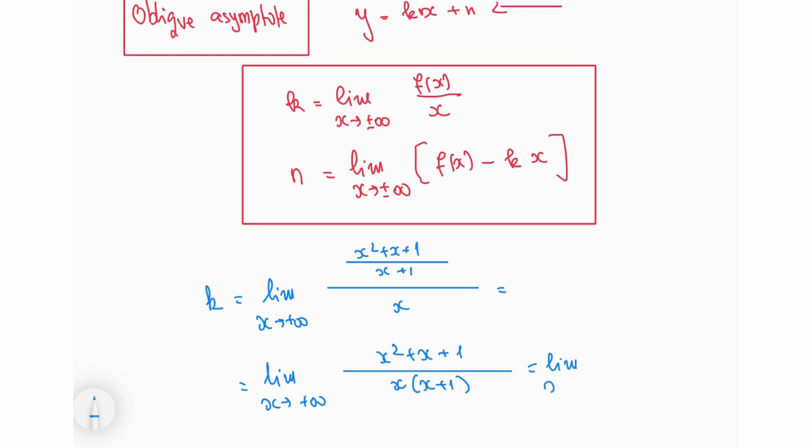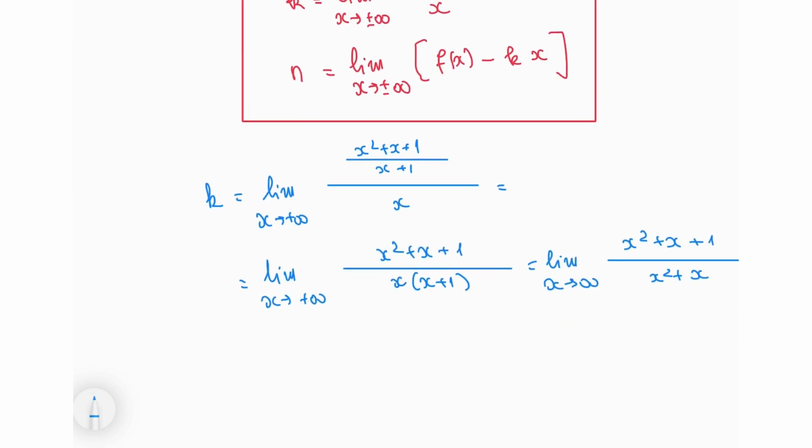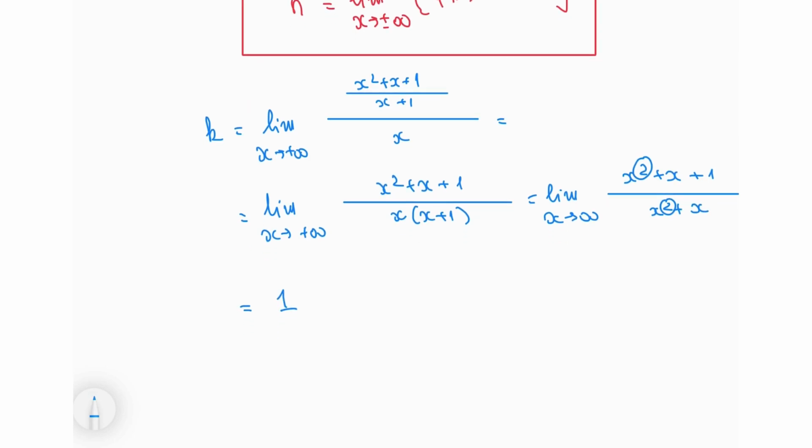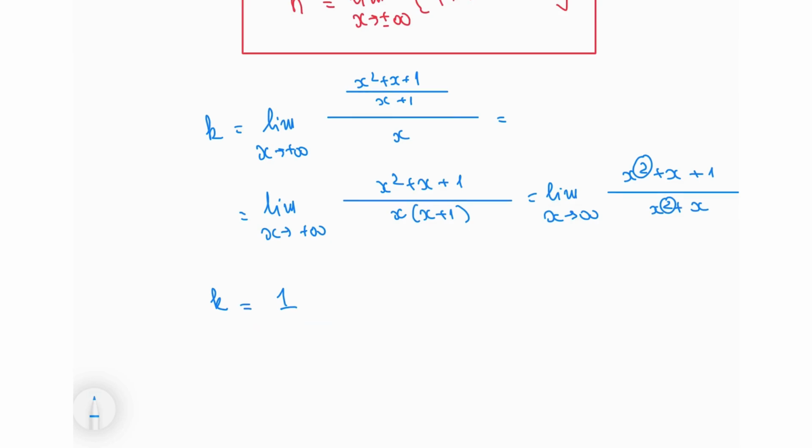You can already see that this is going to be 1. Comparing the highest degrees, they are the same, so this is 1. So k equals 1.